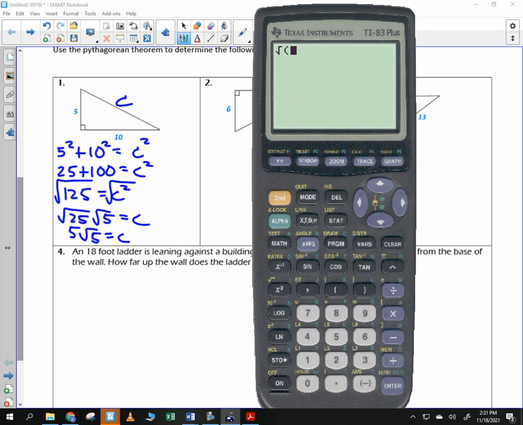So the square root of 125, we're at 11.18. So you're going to list both. And that way I can see 11.18, that's longer than 5 and 10, so that would make sense, it's the longest side.